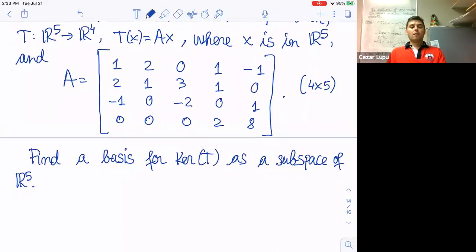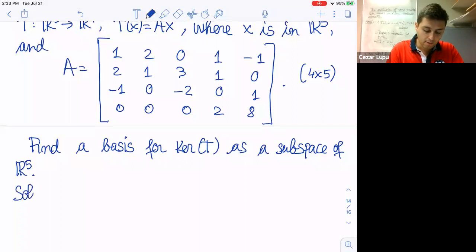All right. So you see the task here is a little bit different. We need to find a basis for this kernel of T as a subspace. But before we do this, we need to find a kernel, right?